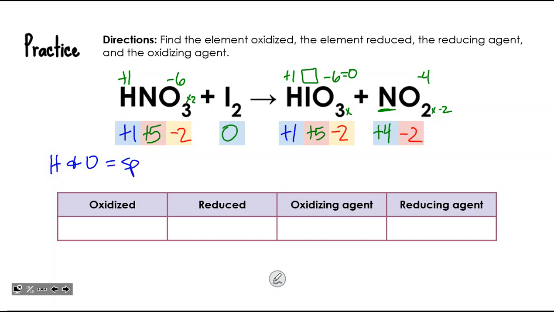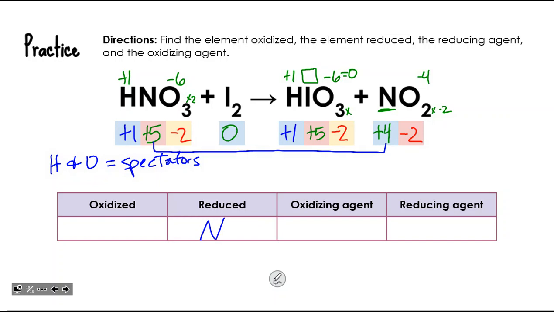These are spectators, so you can ignore them. Now, nitrogen goes from +5 to +4. Is nitrogen being oxidized or reduced? Reduced. Very good. It is becoming more negative.